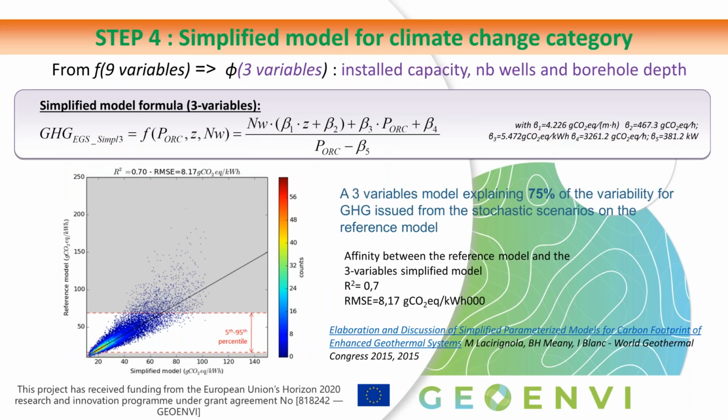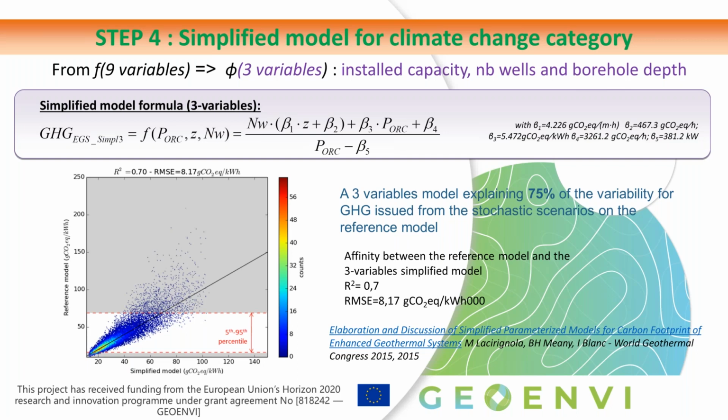Step 4. So here, back to the example of the EGS producing electricity, we were able to come up with a simplified model with 3 variables. And this 3-variable model is explaining 75% of the variability for the greenhouse gases issued from the stochastic scenarios on the reference model.